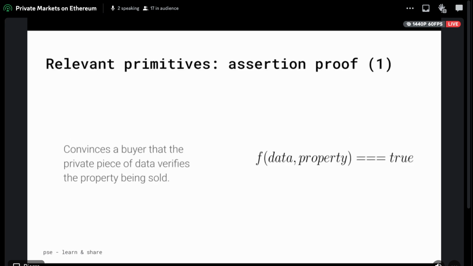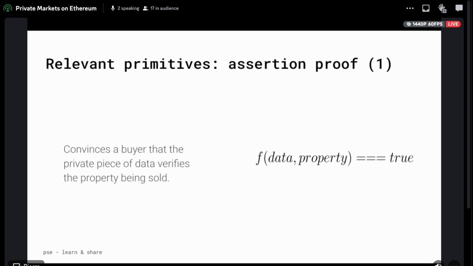So let's go over the relevant primitives for that. So first, there is what we call the assertion proof. So we renamed it from property proof, which was a term used by Nick, because sometimes people were confused, because property could mean, like some people would interpret it as property rights, when actually what this does is just verifying that the data verifies some property that you are interested about.